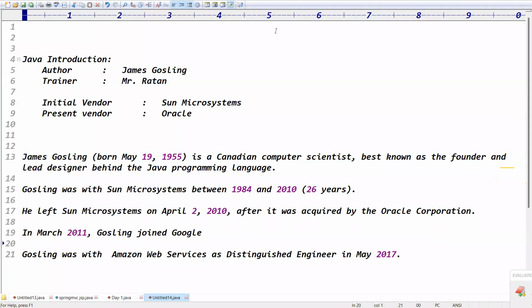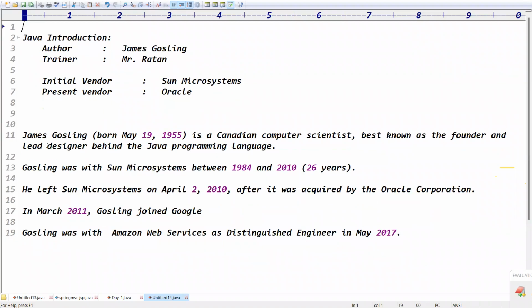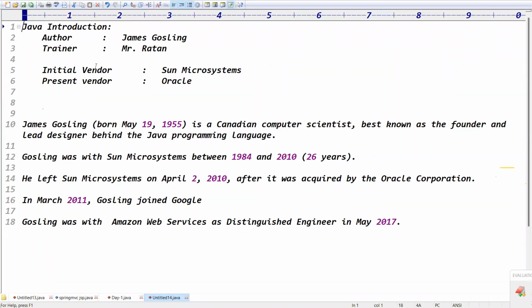So who is the creator? James Gosling. Who is the trainer? Mr. Ratan. The initial vendor is Sun Microsystems. The present vendor is Oracle. Now James Gosling is working with AWS, Amazon Corporation.